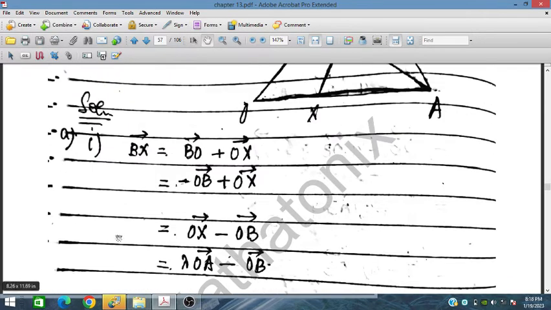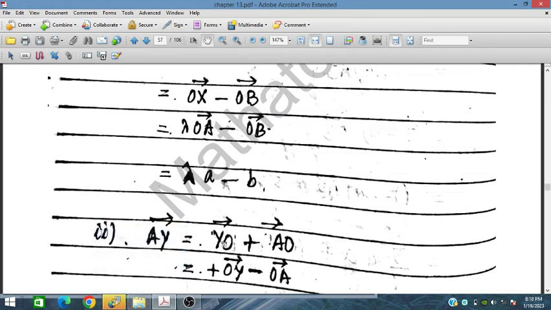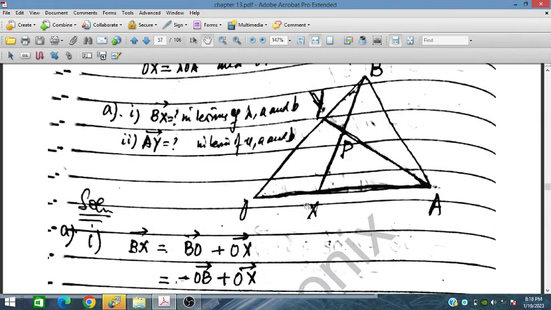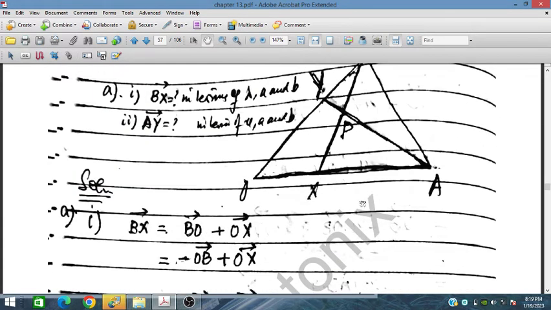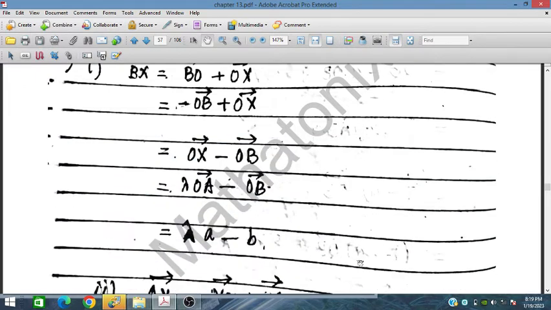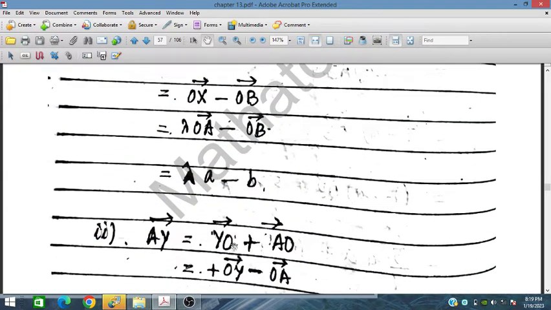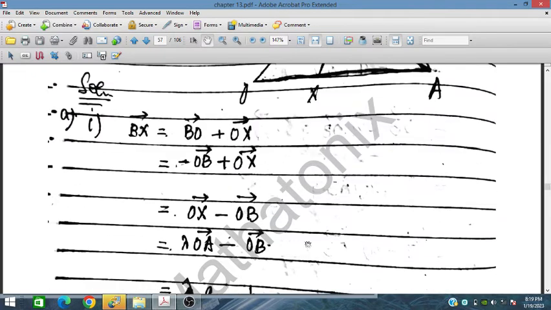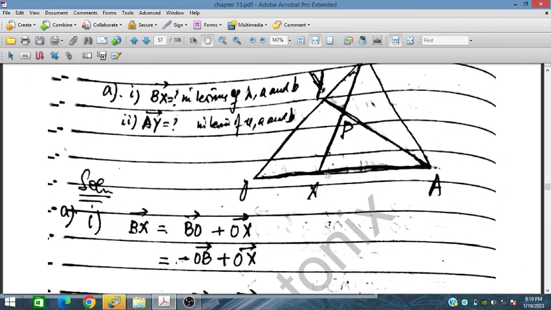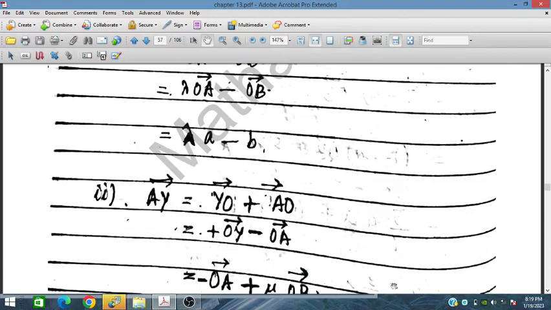In the second part we have to find AY. We have AO and OY, so AY is AO plus OY.